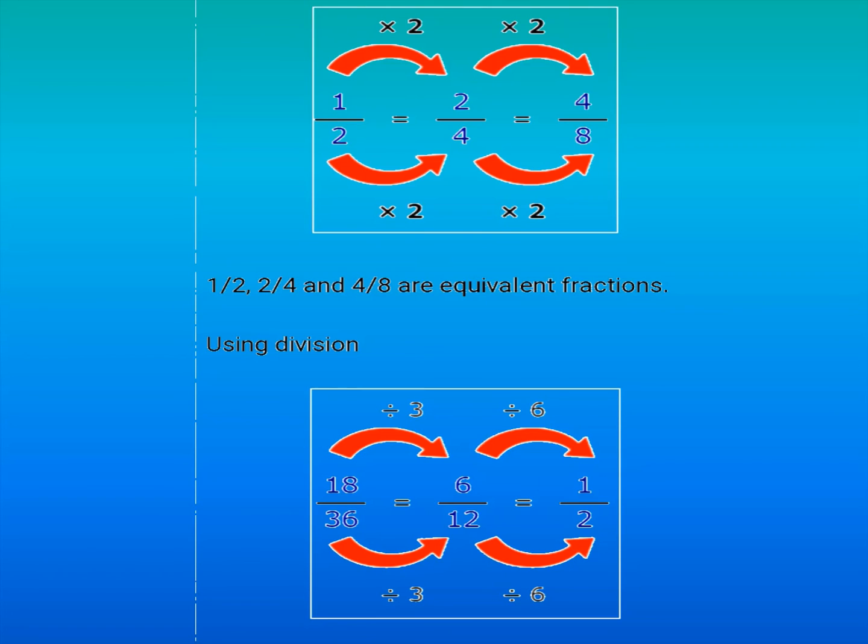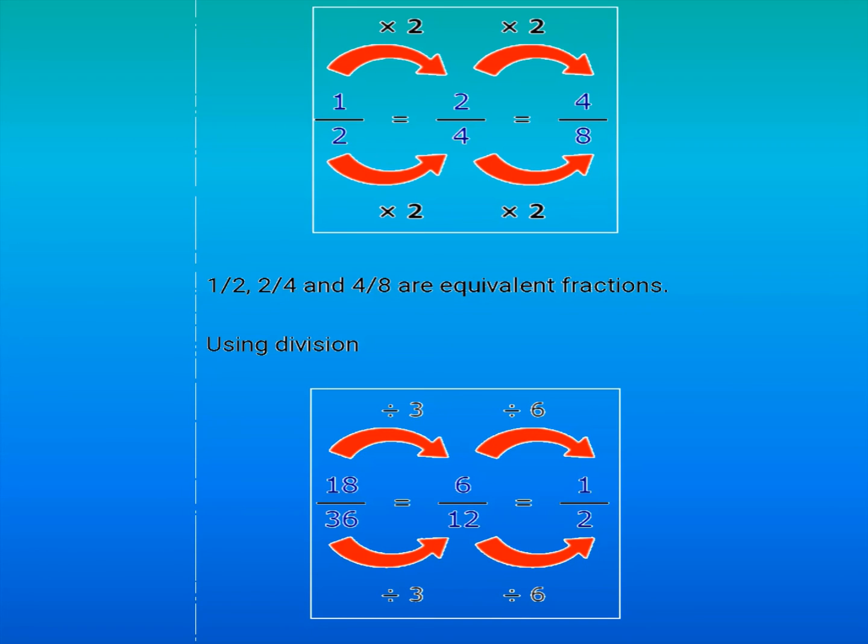The next is, if we again multiply by 2, that is 2 to the 4 and 4 to the 8. But if we convert that into the lowest form, the fraction will be 1 upon 2 only. So we can say 1 upon 2, 2 upon 4 and 4 upon 8 are equivalent fractions.